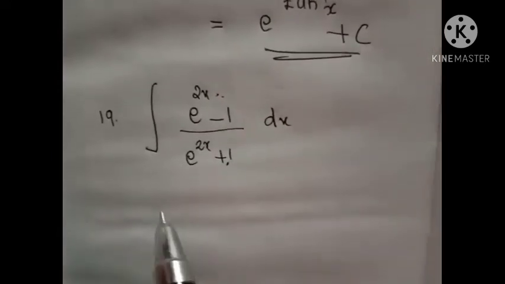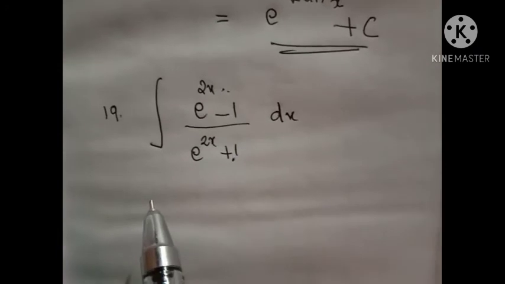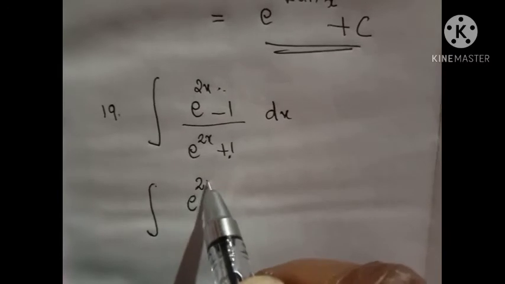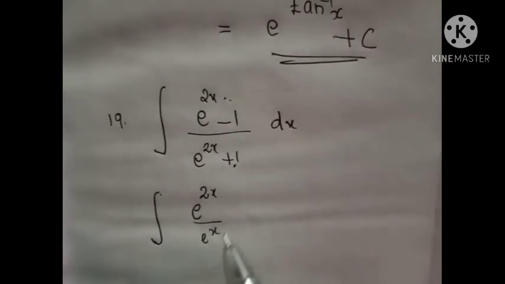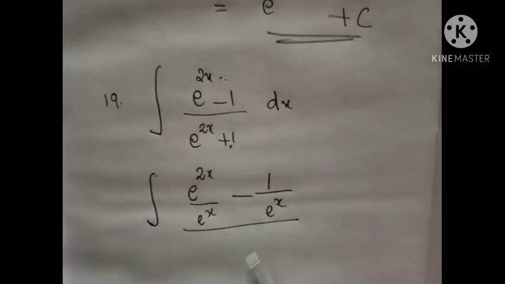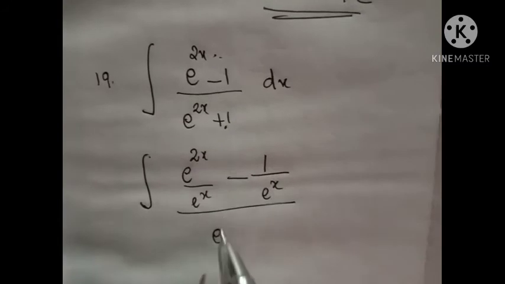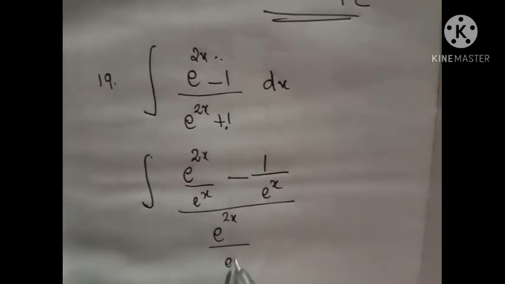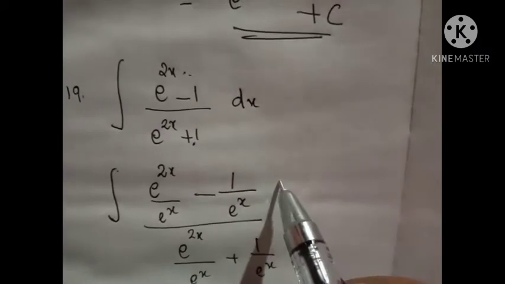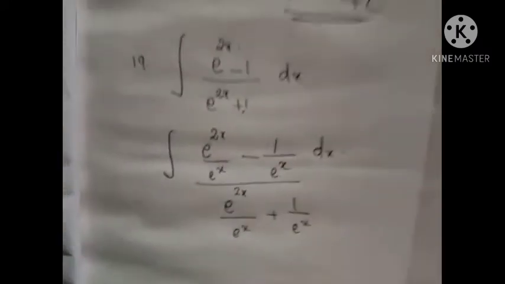So in this function, this is another method. We need to divide each and every term by e raised to x. So e raised to 2x by e raised to x minus 1 by e raised to x, divided by e raised to 2x by e raised to x plus 1 by e raised to x, dx.